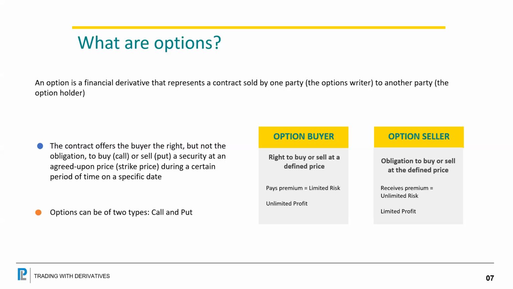No matter how far down Reliance goes, I will only lose that 30,000. And if it goes according to my view, according to my direction, then I will earn much more than that. So this is the benefit if you're an option buyer.